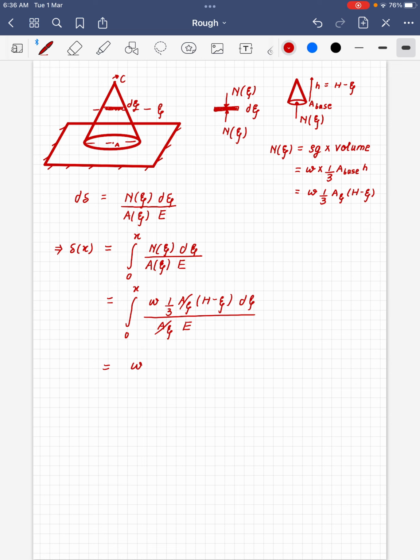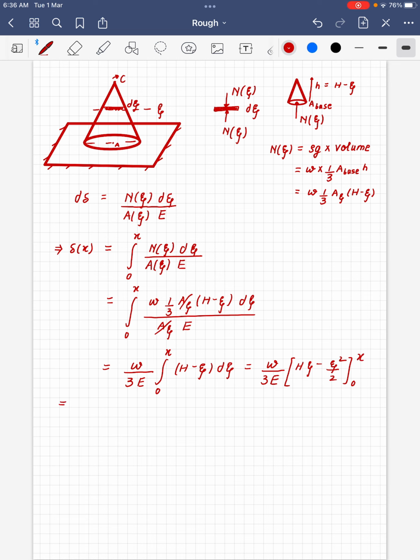On simplifying we get W by 3E, integration from 0 to x of (h minus zeta) d zeta. On integrating we get h zeta minus zeta square by 2, limits 0 to x.